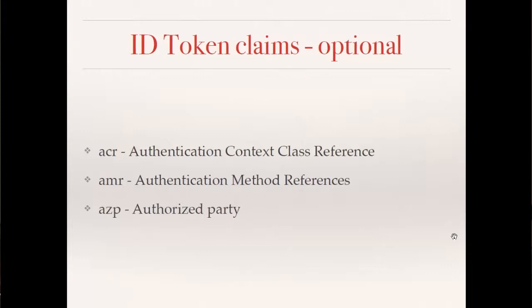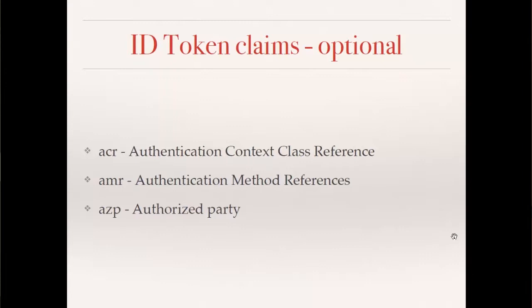Optional is the authentication context class reference, which is a specification of what type of authentication was done. AMR, which we talked about previously, is exactly which methods were used. And this can, of course, be a list. Authorized party, that's the server that got this ID token.